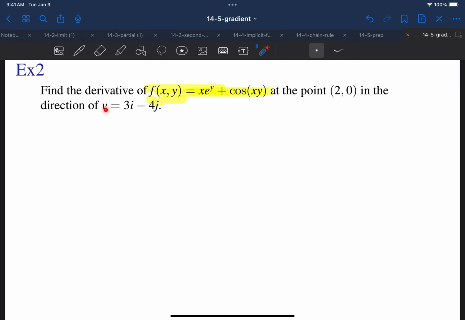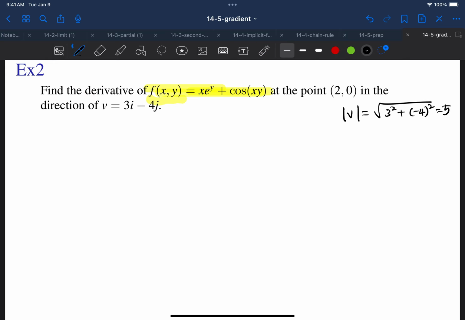This is not a direction vector, because a direction is required to be unit length, but the length of v is the square root of 3 squared plus negative 4 squared, which is 5. So this is not a direction, but if you move in the direction of this, then what is the directional derivative?